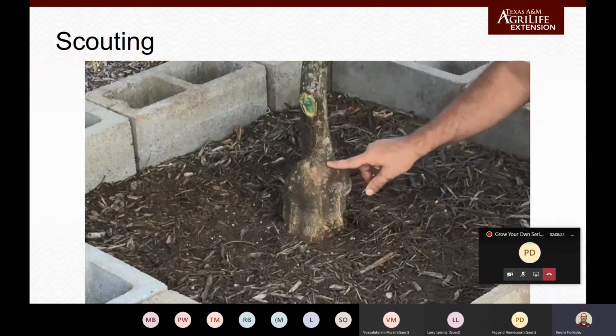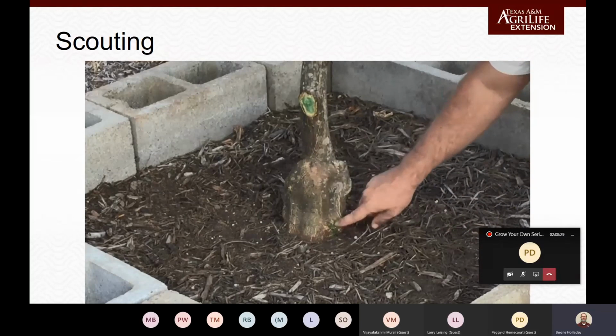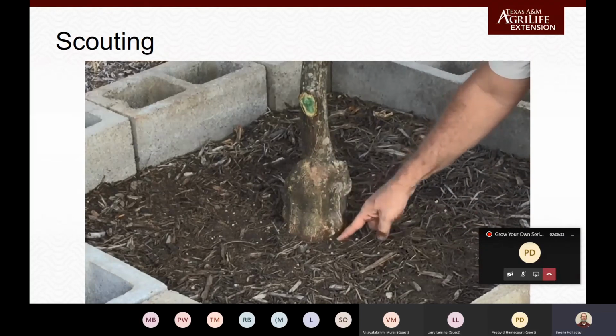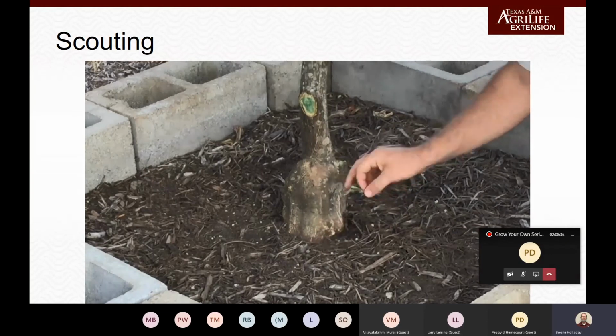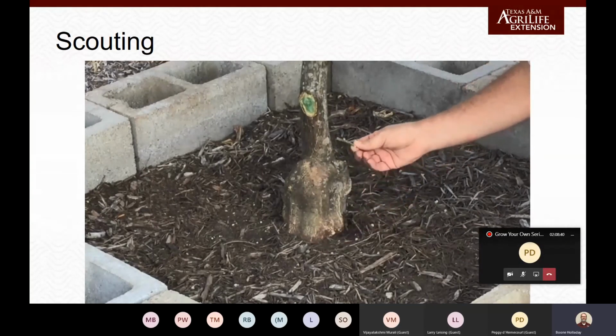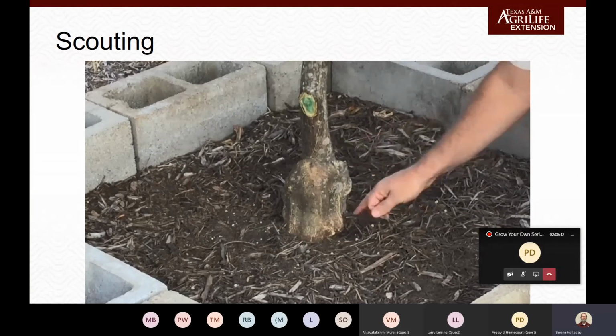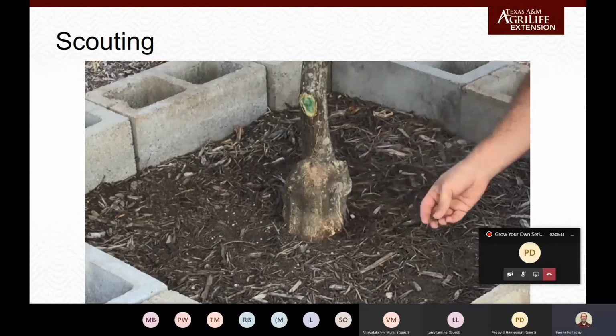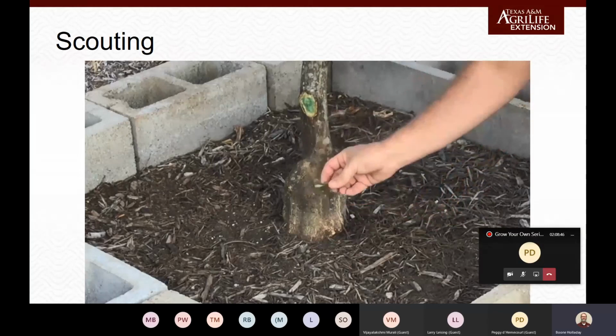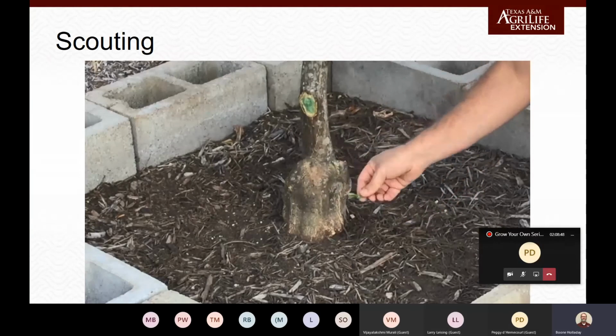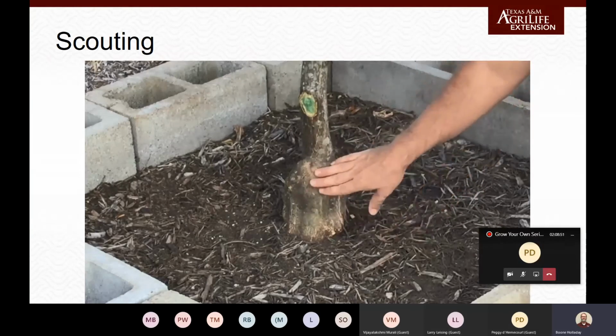If we start seeing more sprouts, like here, okay, we need to prick those off as they develop, because these are the rootstock. This is the trifoliate orange, or the sour orange, that is growing from the roots, and these do not produce the citrus that we would want to eat. So we have to keep those off of here.